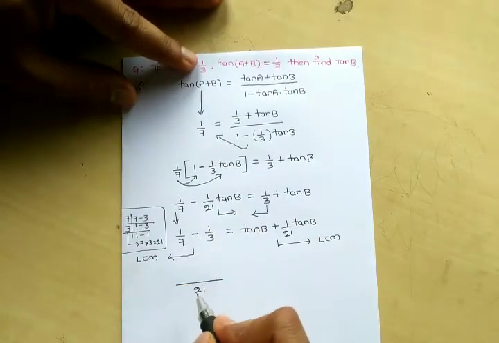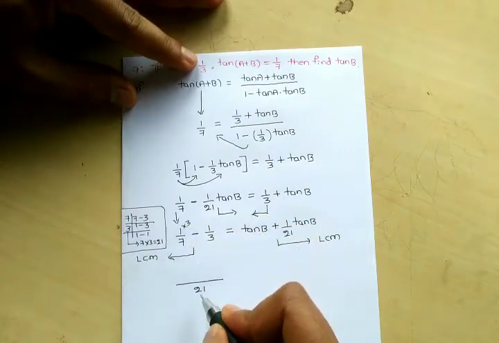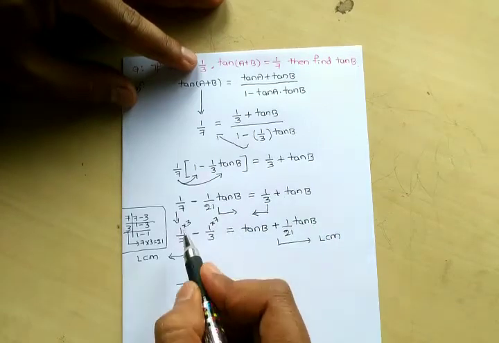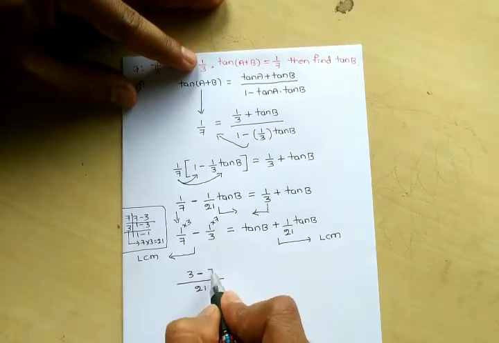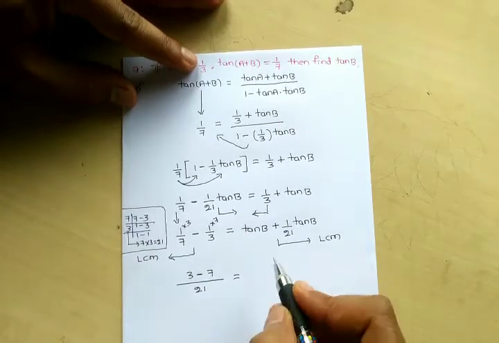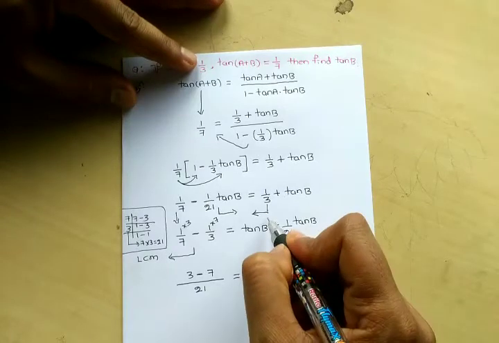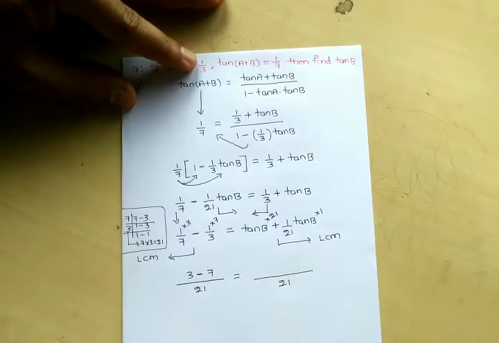Therefore, 7 is there. To get this 21 you need to multiply by 3. 7 into 3, 21. 3 is there, so you need to multiply by how much? 7. So next, 3 into 1 is 3, minus 7 into 1 is 7, is equal to, here also what is the LCM? 21. So multiply here by 21 and here by how much? 1. Correct.